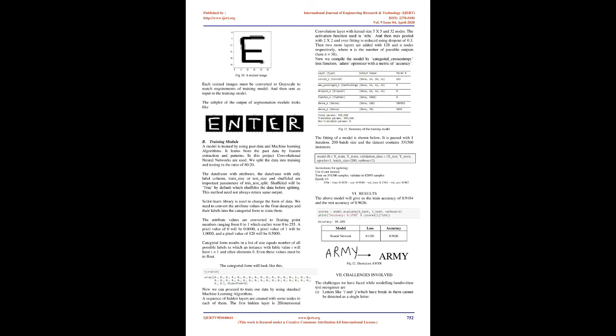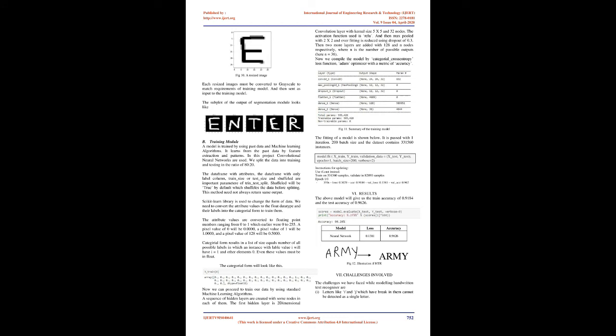A pixel value of 0 will be 0.0000, a pixel value of 1 will be 1.0000, and a pixel value of 128 will be 0.5000. Categorical form results in a list of size equal to the number of all possible labels, in which an instance with label value i will have element i equal to 1 and other elements 0. Even these values must be in float. The categorical form will look like this.